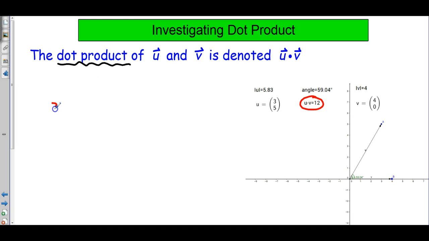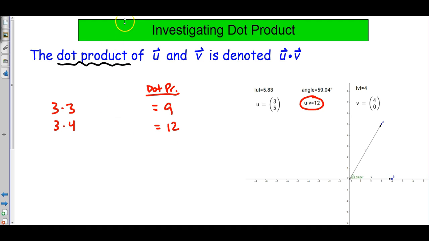The first one was 3 times 3, and that gave us a dot product of 9. The second one, we slid it out to 4, increased the magnitude, but didn't change the y direction, and we've got a dot product of 12. So now I've got 3 times 4 equals 12.